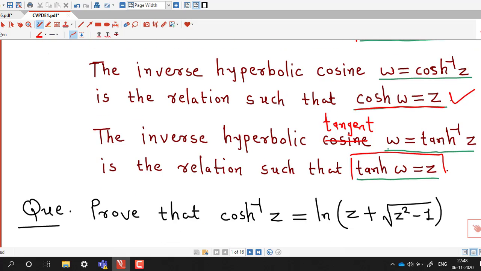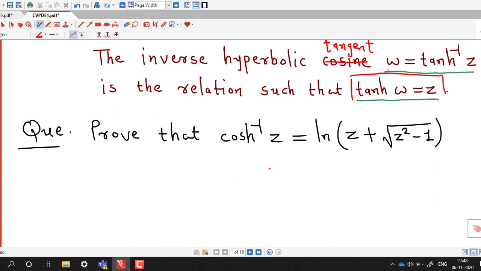So as in the case of inverse trigonometric functions, for this case also we have formulas in terms of the logarithmic function. So we try to prove this formula: cosh inverse Z equal to log of Z plus square root of Z square minus 1.